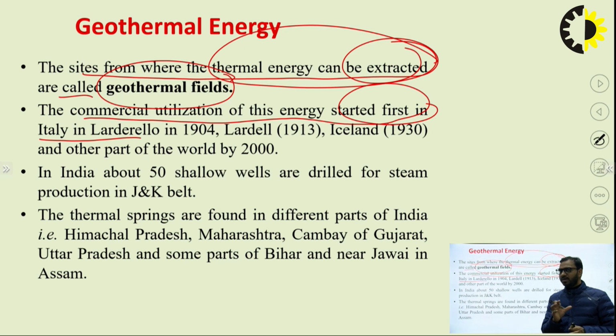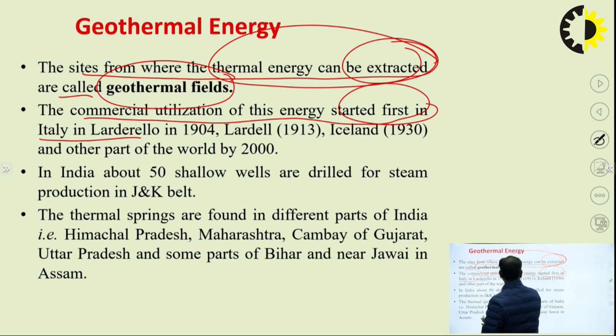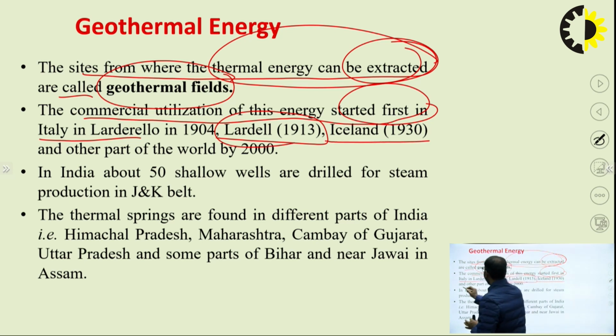The first commercial use of geothermal energy started in Italy, city Lardello, in the year 1904. Then after that, Lardello 1913, then Iceland 1930, and other parts of the world by 2000.